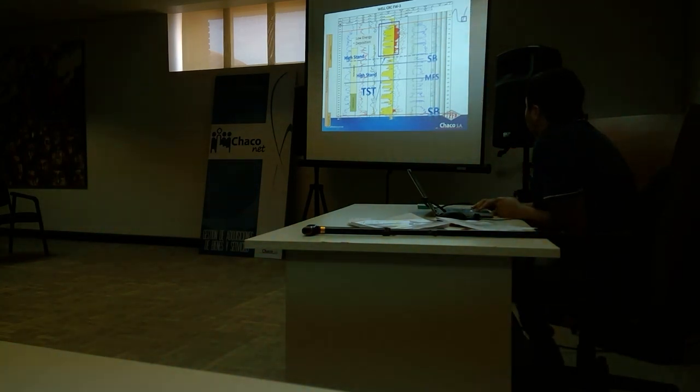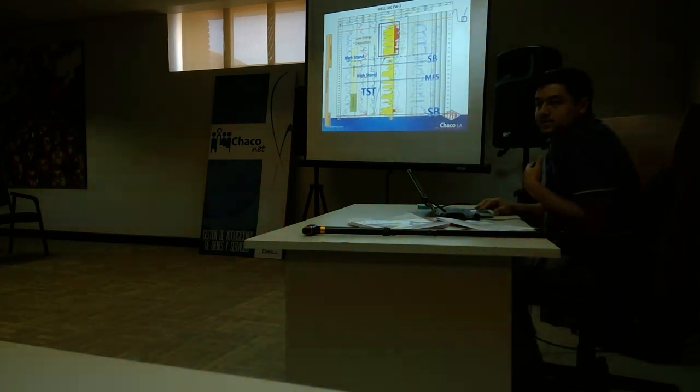What we did this morning was to define the sequence boundary from the bottom. This is the Naranjillos member from the Cretaceous as well, which is traditionally known as a shale.